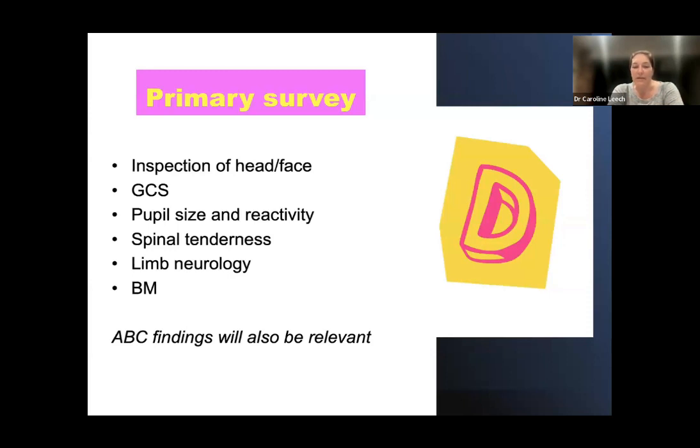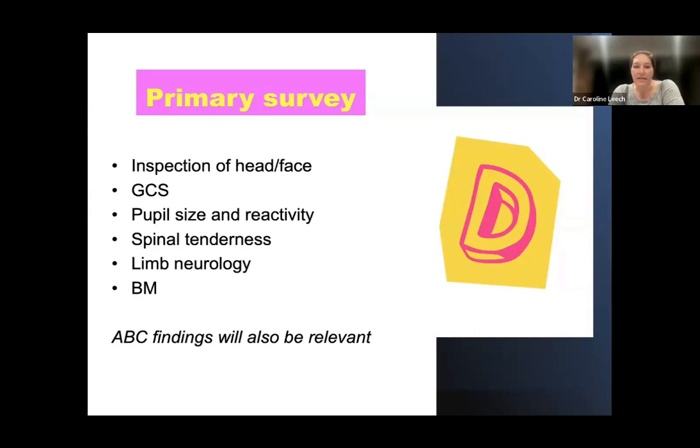We're going to talk about how we assess for spinal tenderness. We're going to talk about how we do a neurological assessment. So we're looking at the power and sensation of a patient's limbs. And of course, do not forget your blood sugar, because that is obviously a bit embarrassing if our patient's got a low GCS and we've missed the fact that they've got hypoglycemia.